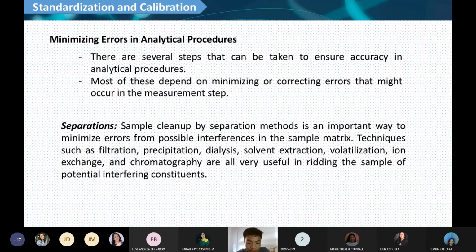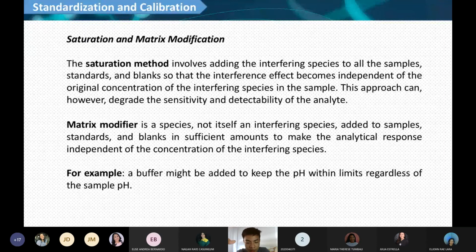and doing analysis, we also have to minimize errors. So how do we minimize error? We can do separations. Pwede mo i-filter yung sample mo so that other particles will not interfere with your sample. Pwede naman yung saturation or matrix modification so that mawala yung mga matrix.